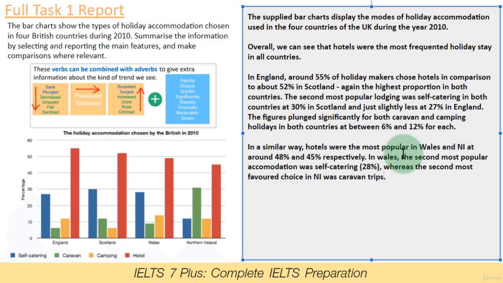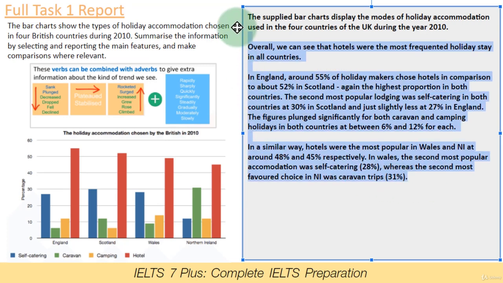So do try and use them a little bit. Of course, do not overuse it. Let's go back. In Wales, the second most popular accommodation was self-catering, 28%, whereas the second most favoured choice in Northern Ireland was caravan trips. And I'll use brackets again. It looks to be 31%.